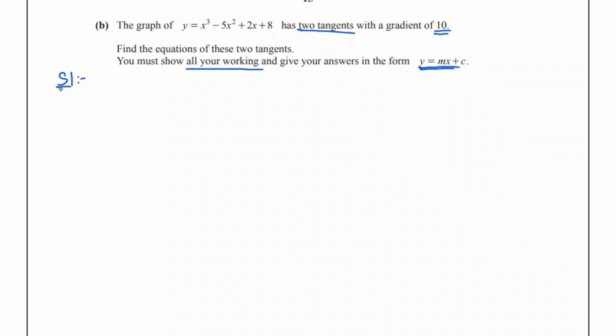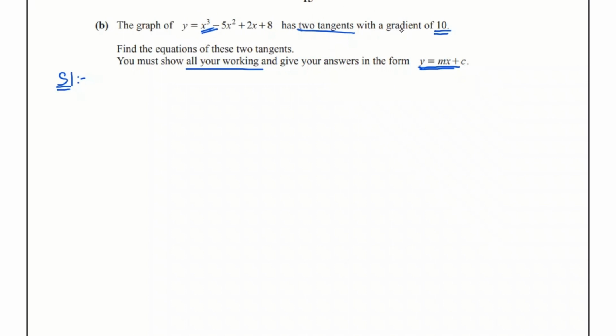So let's go. Step 1. So first what we are going to do is, they've given to us gradient is equal to 10. Gradient, we'll use derivatives over here because this is cube. We'll have to convert it into quadratic equations using derivatives.